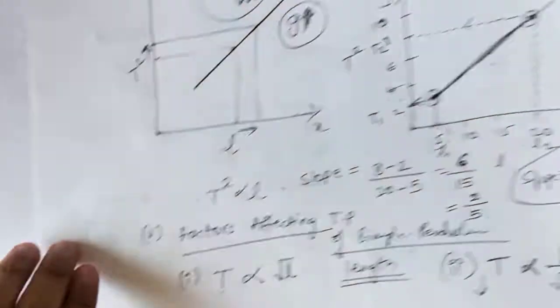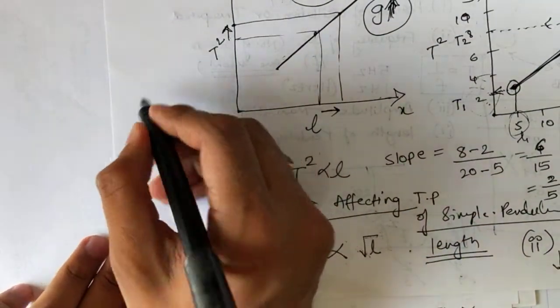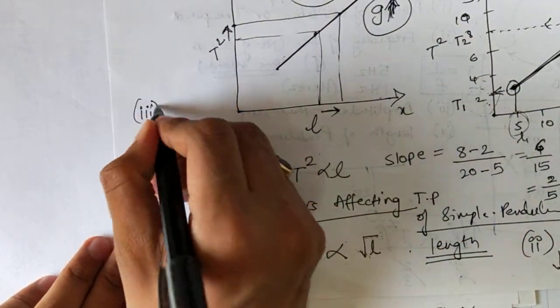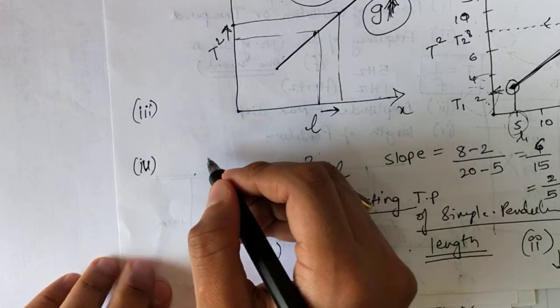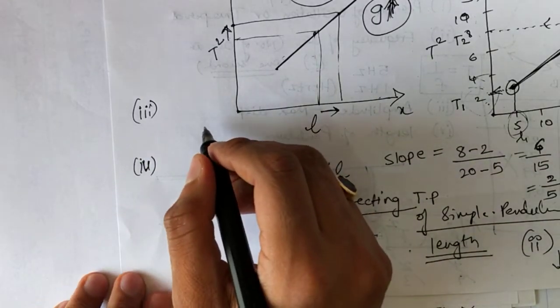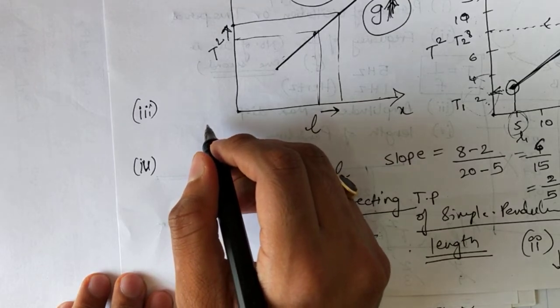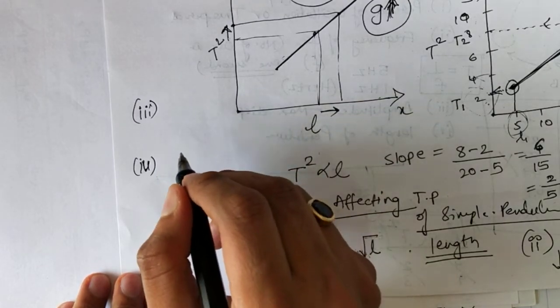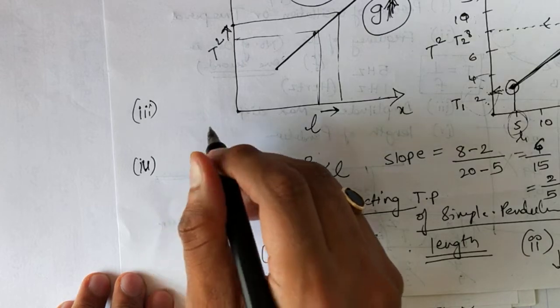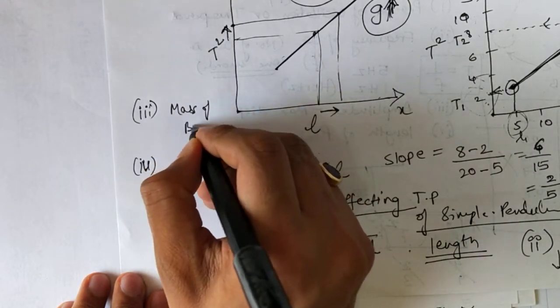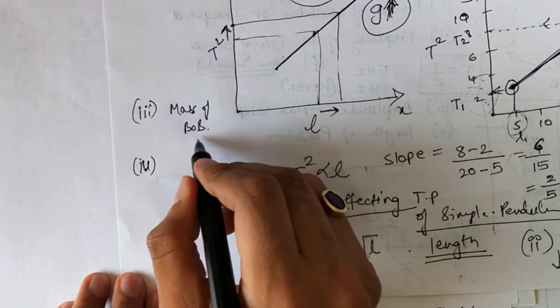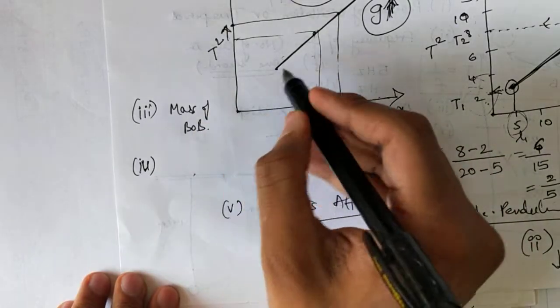Now the third and the fourth point are about what does not affect the pendulum. The third point says the time period of oscillation does not depend upon the mass of the body suspended. So what they are saying, the mass of the bob, they have tried that using experiments.